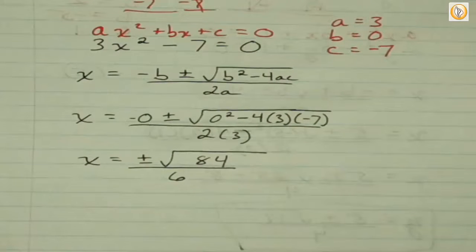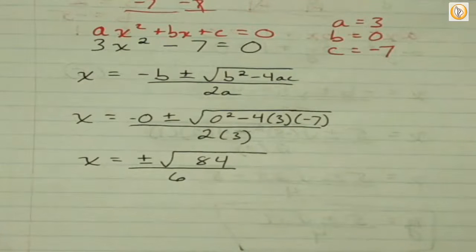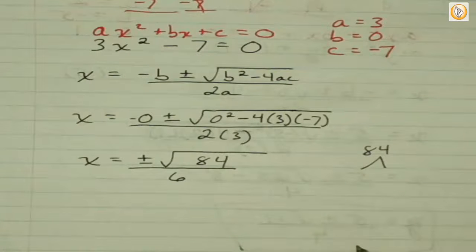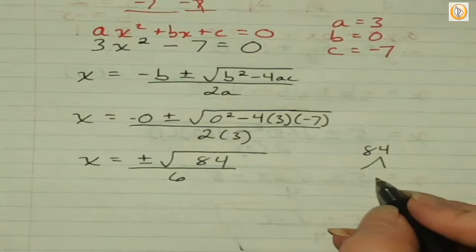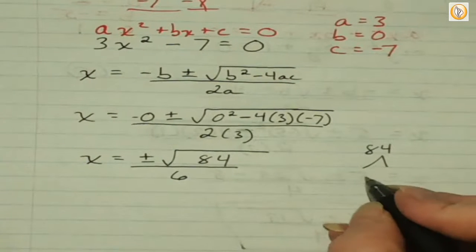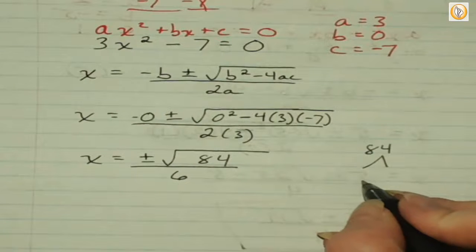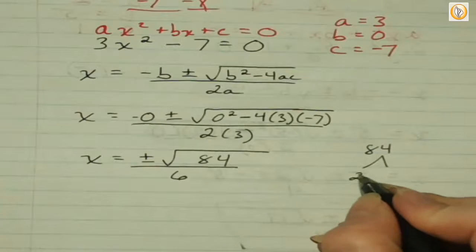Now, what do I need to do? You're gonna have to simplify the 84. That's right. Factor tree. So what two numbers give me 84? 2 and 42.